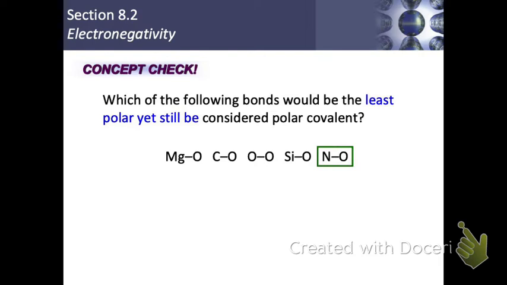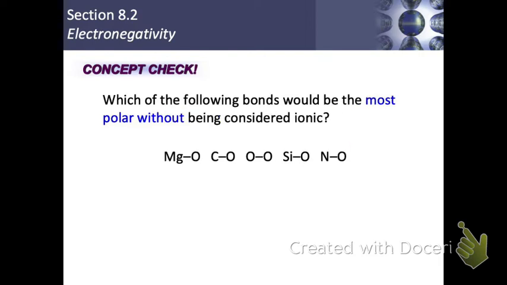All right. Questions with any of those so far? Which of the following would be considered most polar without being considered ionic? Okay, so I feel like we can get rid of both of the same two that we just did, because magnesium and oxygen are ionic.